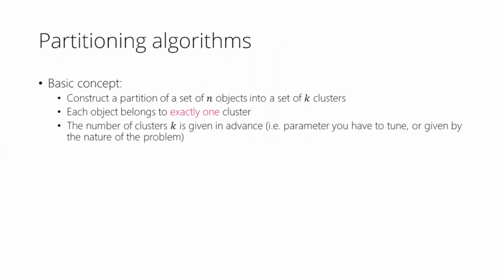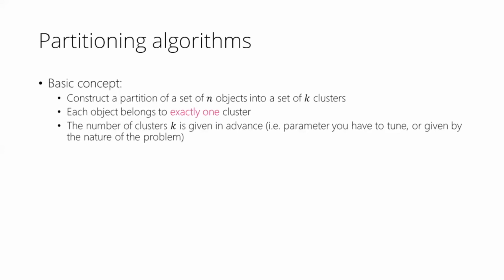Okay. So in terms of the basic concept, like what we previously discussed, we want to construct a partition of a data set, which is comprised of n objects, into a set of k clusters. The condition that the partitions had to satisfy was that the partitions had to be disjoint to each other.